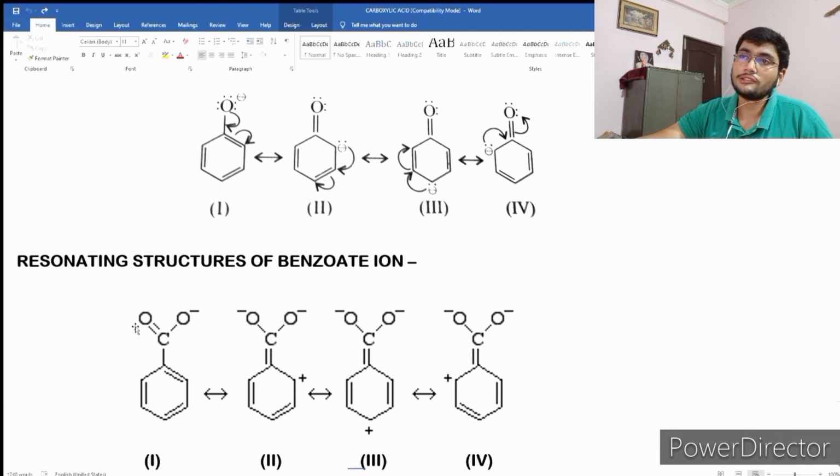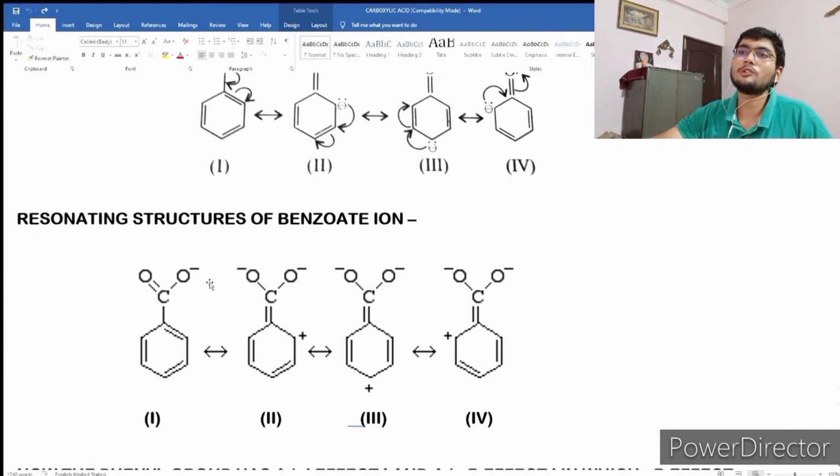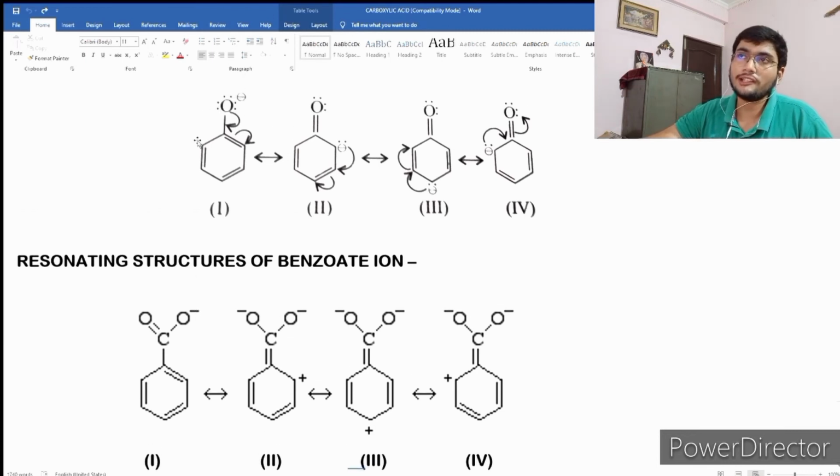But this minus charge is not in resonance with any atom. So this minus charge is localized, that is, it is fixed at one point, whereas this minus charge is delocalized. That means this structure is more stable than the phenoxide structure.